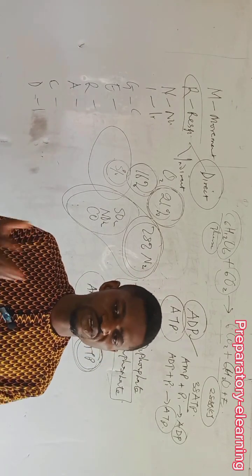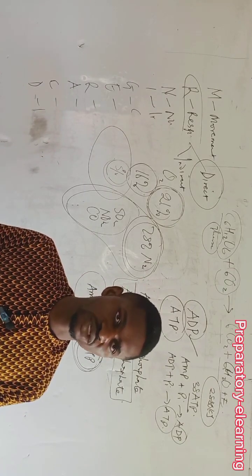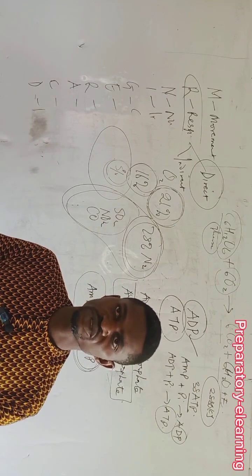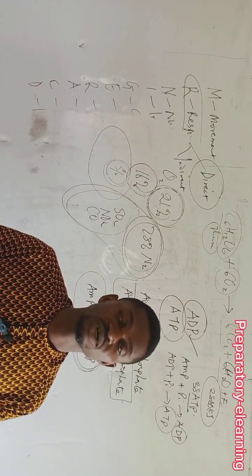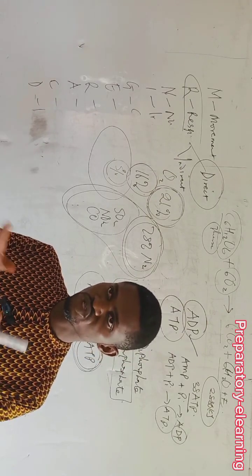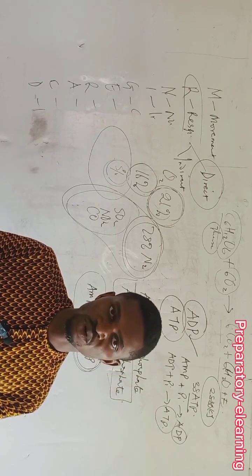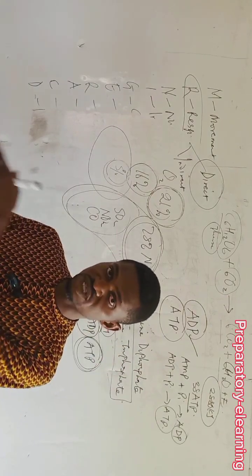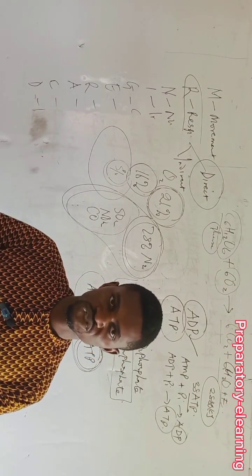So how do they respire? Very simple. There's what we call diffusion in science. What is diffusion? Diffusion is the movement of substances from a region where those substances are in higher concentration to a region where they are in lower concentration until a dynamic equilibrium is reached.